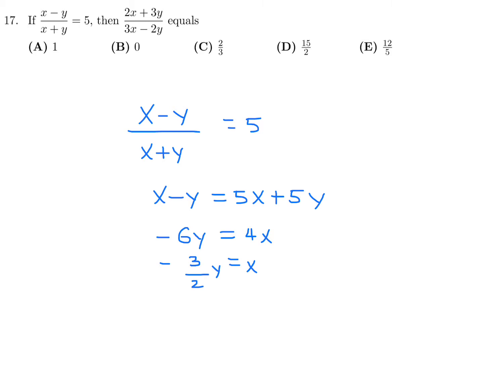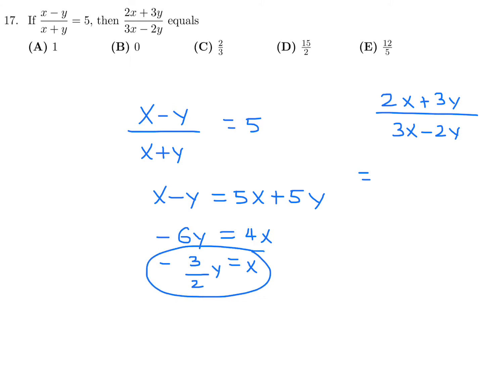All right, so now let's turn our attention to this guy right here. 2x plus 3y over 3x minus 2y. Well, I can substitute the fact that x is equal to minus 3 over 2 y. So that would be 2 times minus 3 over 2 y plus 3y.